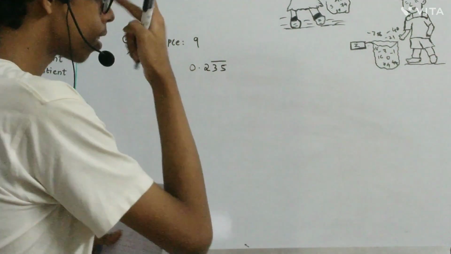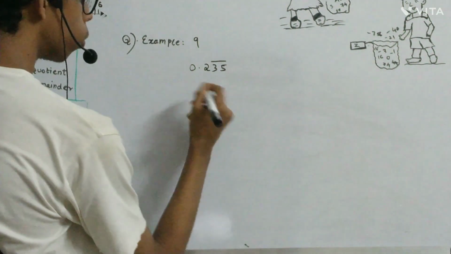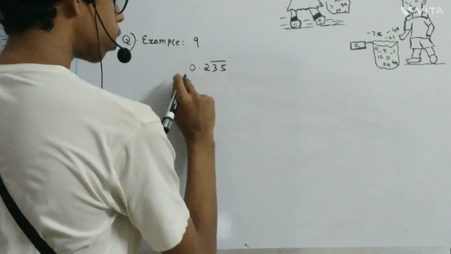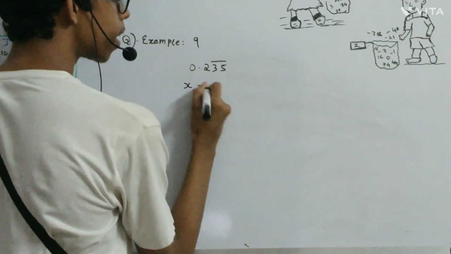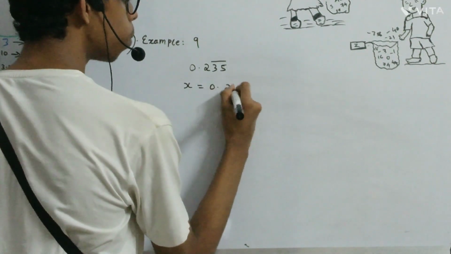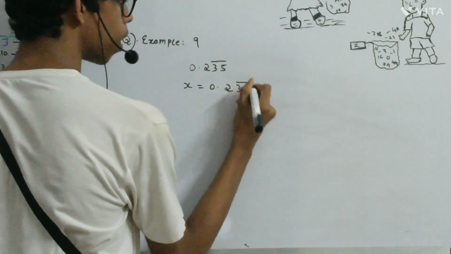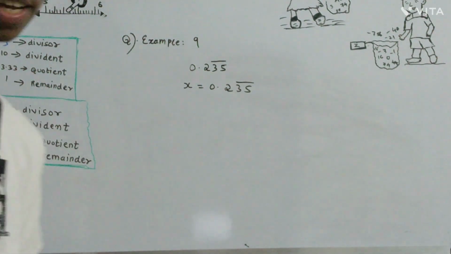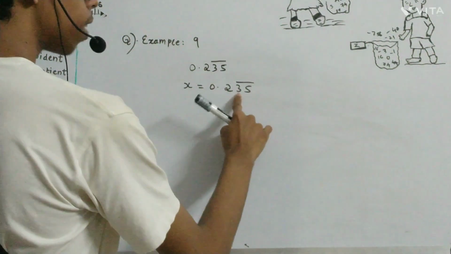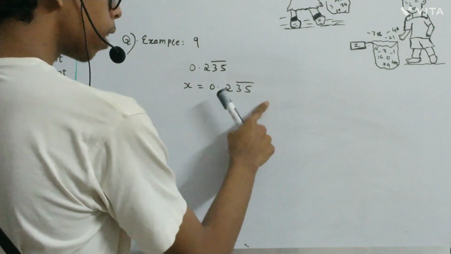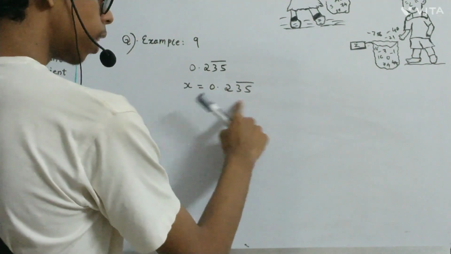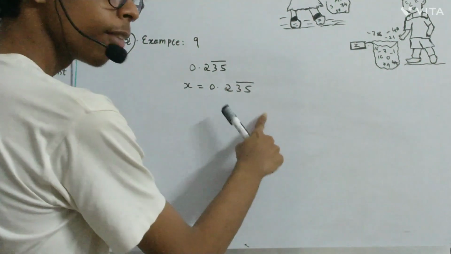Now let us see. We know what step number 1 is. Whatever they are asking you to find the fraction of, take it as x. So I will write x is equal to 0.235 bar. Now what is our next step? The bar is present only on two numbers. After the decimal point there are 2, 3 and 5, but don't just think it is 3 numbers and multiply with 1000.